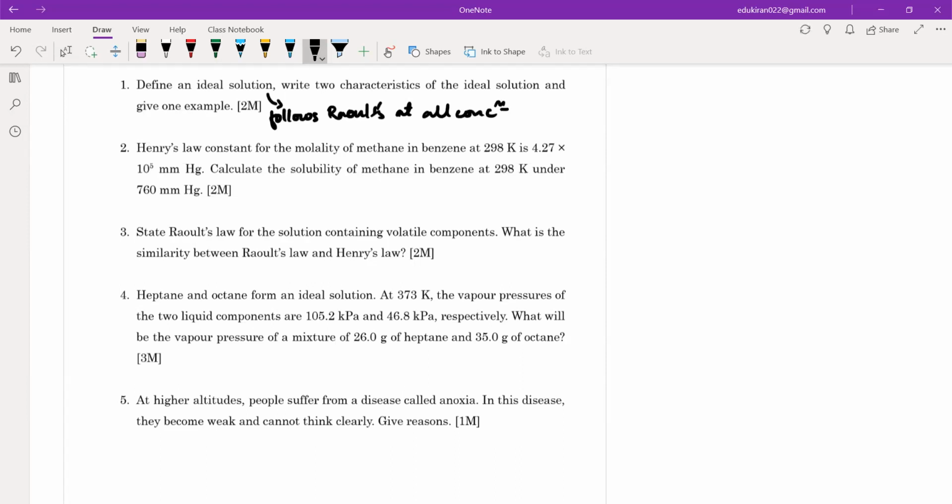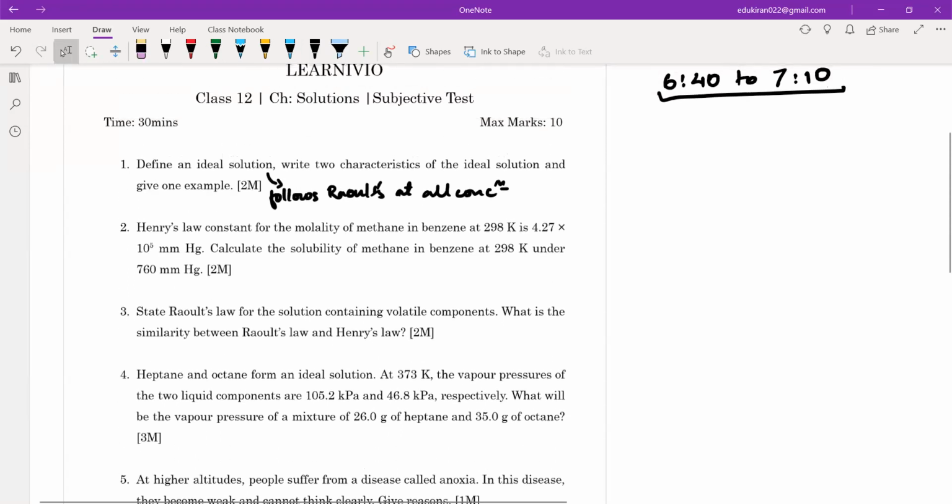What are the two characteristics of Raoult's law? Delta H mix is equal to 0 and delta V mix is equal to 0. Now, one of the examples, which we wrote in the notebook, is benzene and toluene.